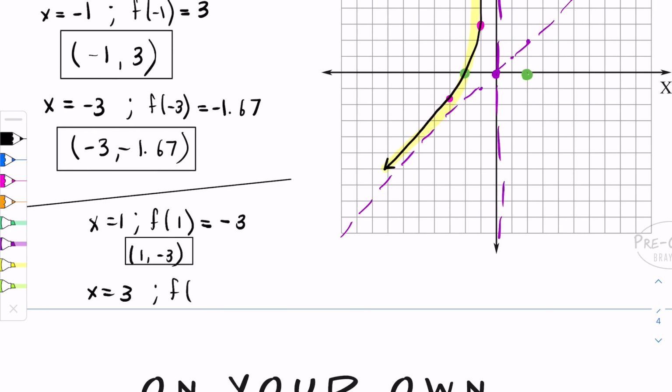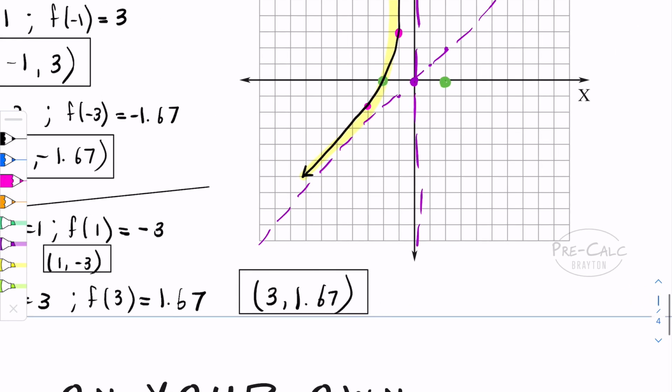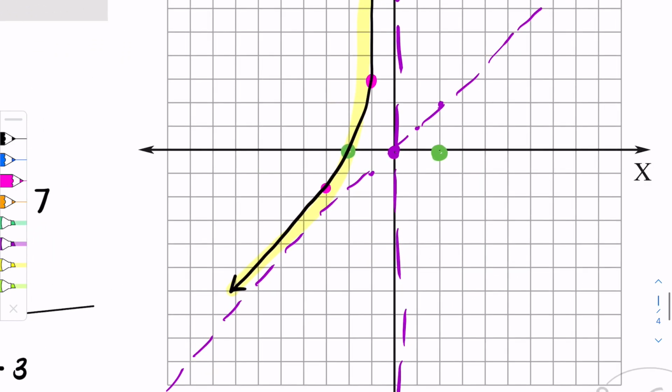Substitute this into the function. Your output is 1.67, which gives you an ordered pair at (3, 1.67). If I plot these points, I have a point at (1, -3), and another point at (3, 1.67). For my second curve, it hugs along the asymptotes, never touches or crosses, and it looks like this.